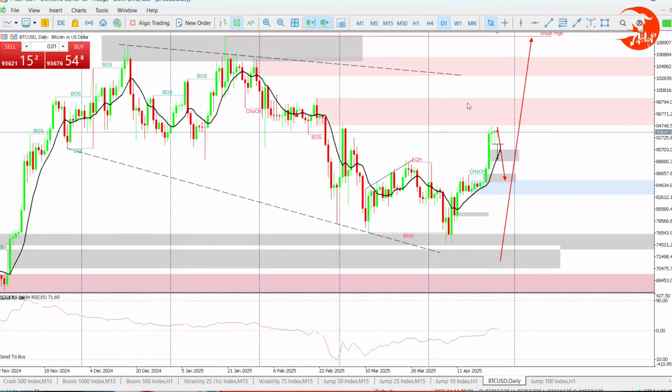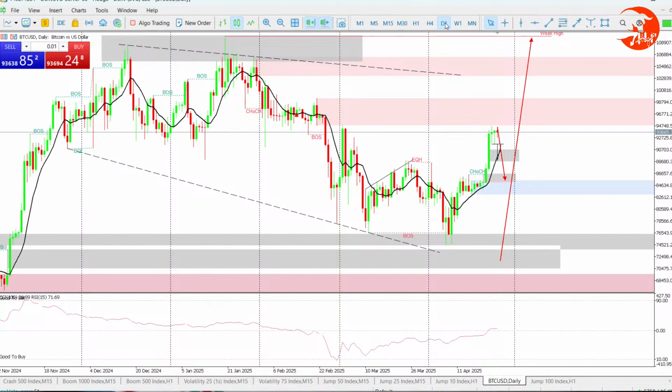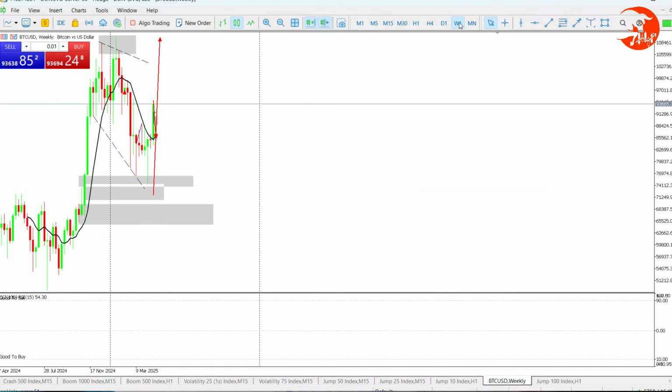So let's go back to H4, delete that, and go to daily time frame, go to weekly, okay, these we can still remain with for now, and this can go. This was already mitigated, it is a weekly one.